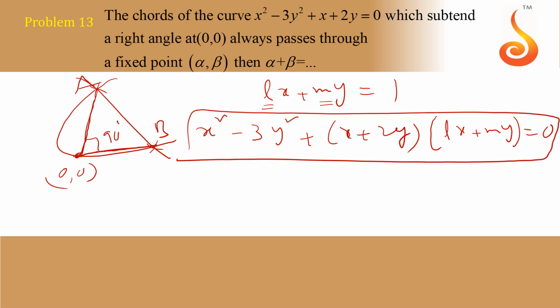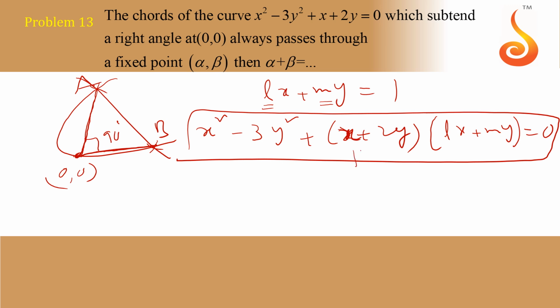That is the logic in homogenization. Simply removing these linear degree terms, whatever you want, you cannot do. It should be converted into second degree. At the same time, that new equation, A and B points should satisfy. Then only it is a second degree homogeneous equation satisfying A and B. Then it becomes a pair of straight lines passing through origin as well as A and B. That is the logic in homogenization.